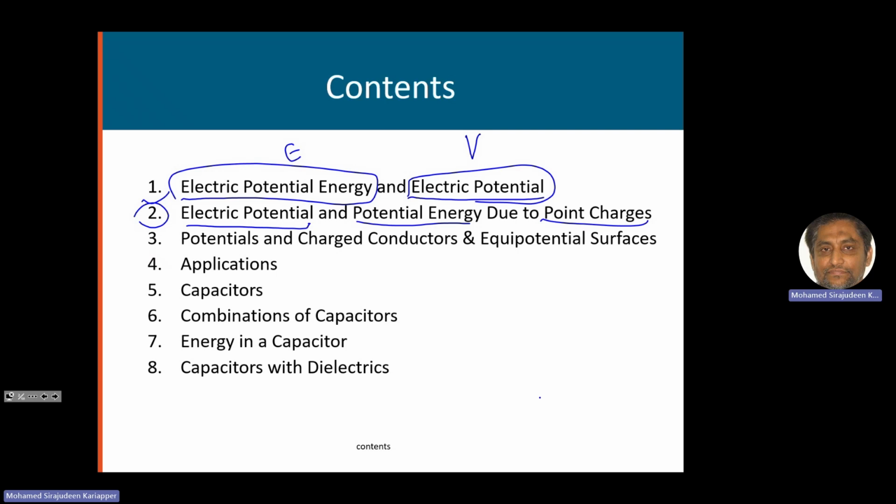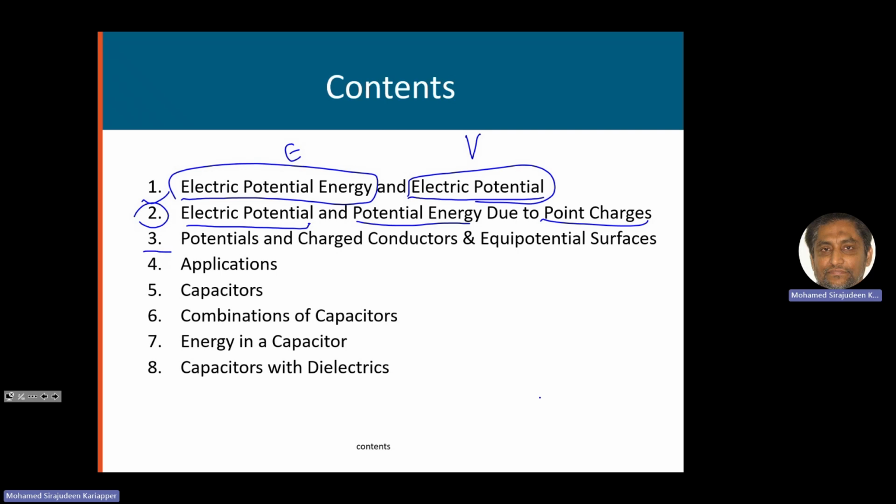We'll start with uniform electric field. But point charges do not give uniform electric field, but we can have uniform electric field. With that, we will introduce the potential energy and the potential. In topic number 2, we look at the electric potential and potential energy due to point charges, which are not uniform electric field. They give rise to non-uniform electric field, point charges.